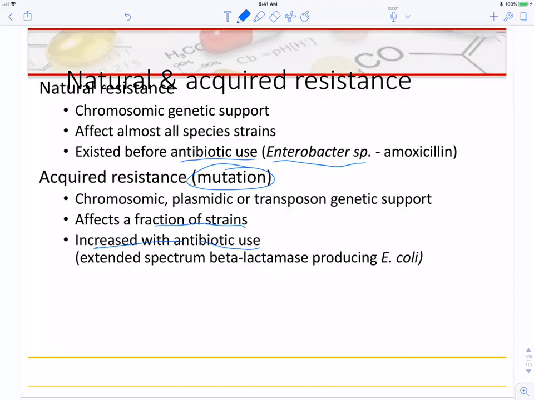For example, one of the things that happens with E. coli is that they express an increased panel of beta-lactamases that are active against more antibiotics than just penicillins. This is a well-known phenomenon.